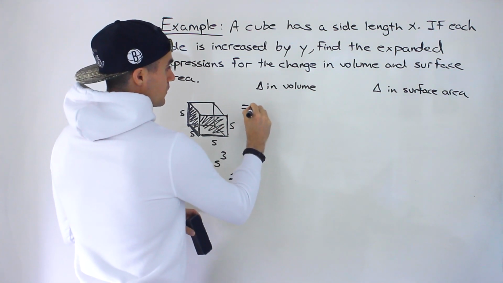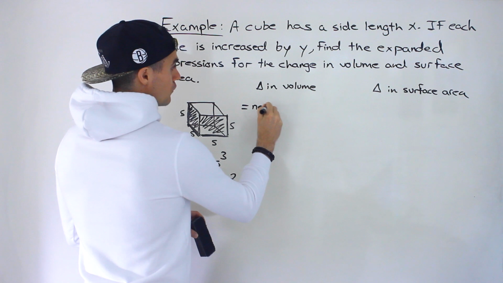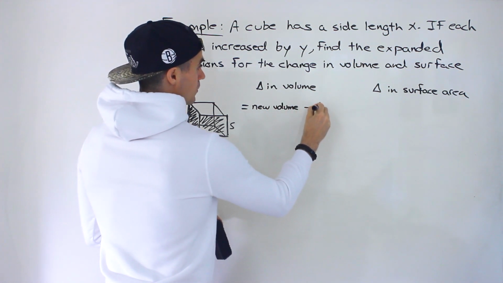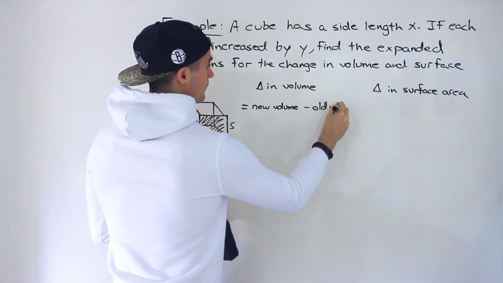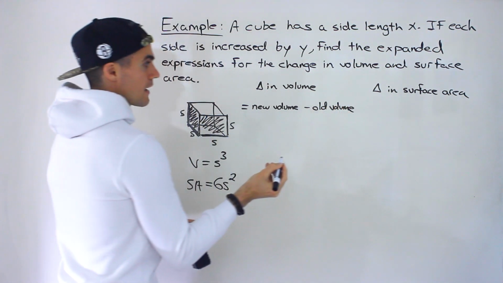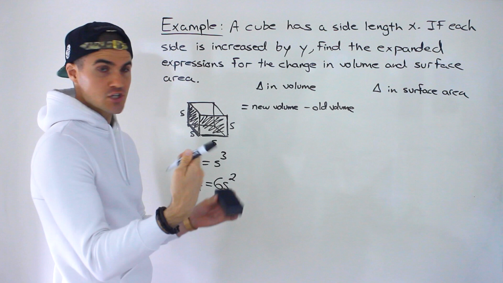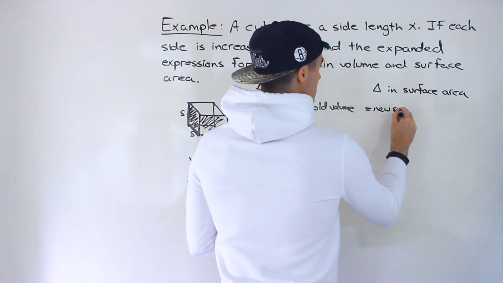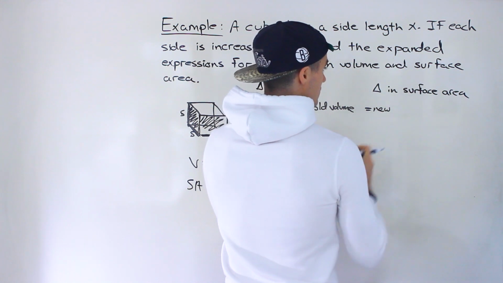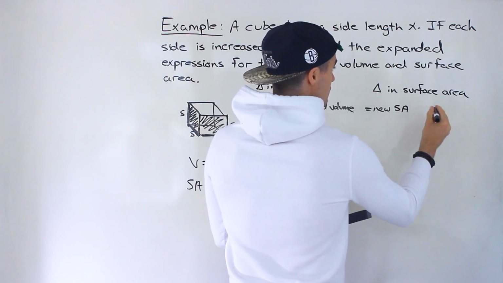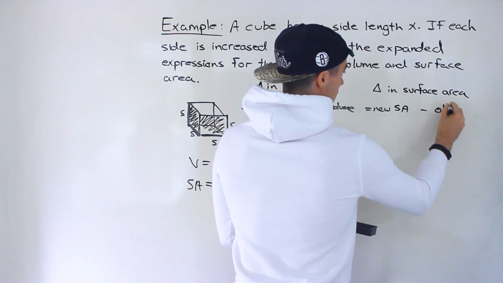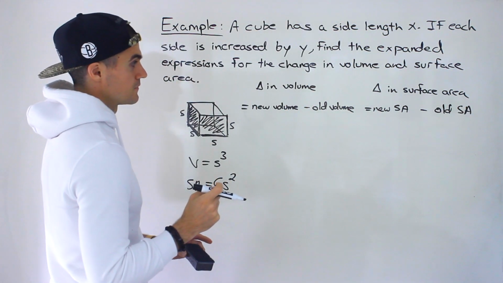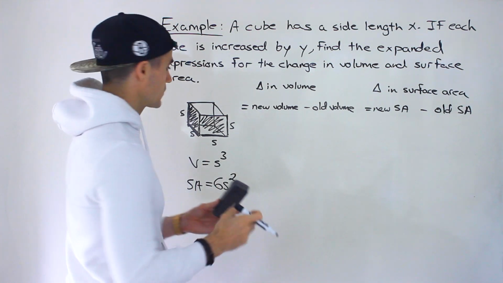Well, it's basically going to be the new volume minus the old volume. And same thing for the change in the surface area. It's going to be the new surface area, let's just put SA here for short form, minus the original or old surface area. Those are the formulas we're going to be using.